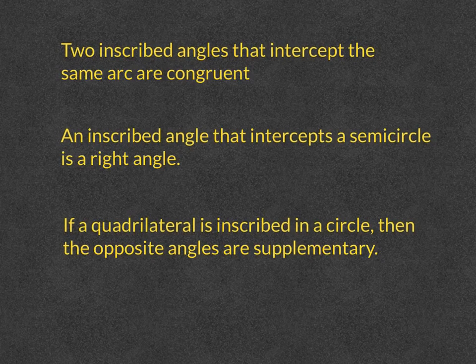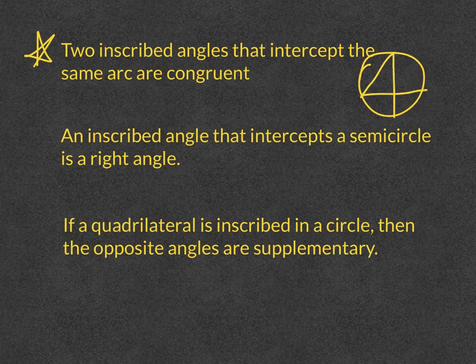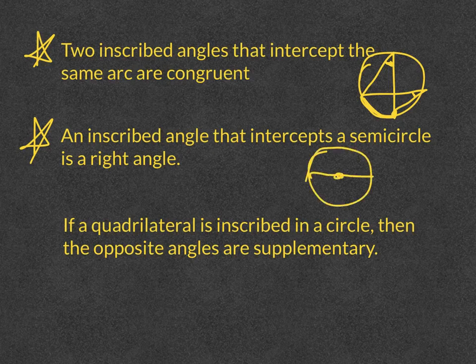Let's just go over what we just did. If you have two inscribed angles that intercept the same arc, they are congruent. So here's my circle, here's one inscribed angle, here's another inscribed angle. They both intercept the same arc, so my two angles are congruent. Next, an inscribed angle that intercepts a semicircle is a right angle. So here is my circle, here is a diameter which marks half of the circle.